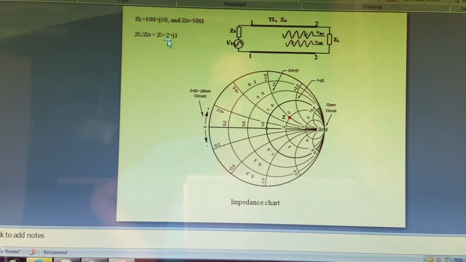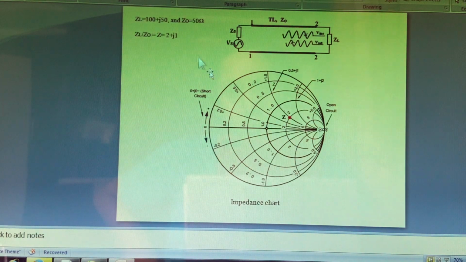And next X is equal to 1. So we have to take the X value. If you see here, X is equal to 1 here. So we have to take this circle. The intersection of the X is equal to 1 circle and the R is equal to 2 circle gives the normalized impedance.